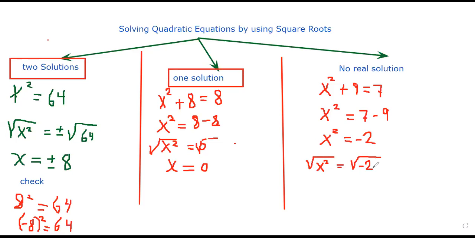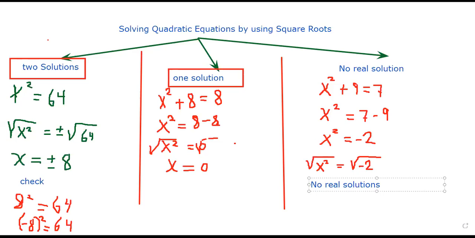Do you have something like this before? No. So there is no solution. I can't find any number that, multiplied by itself, gives -2. In this case, we are going to write no real solutions.